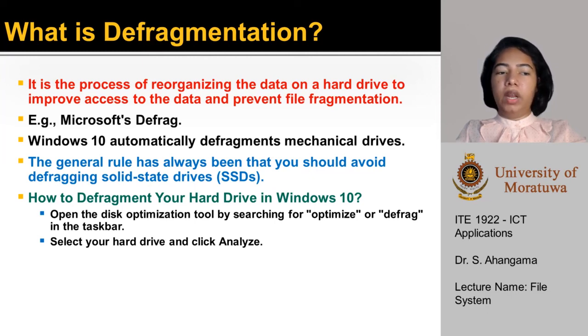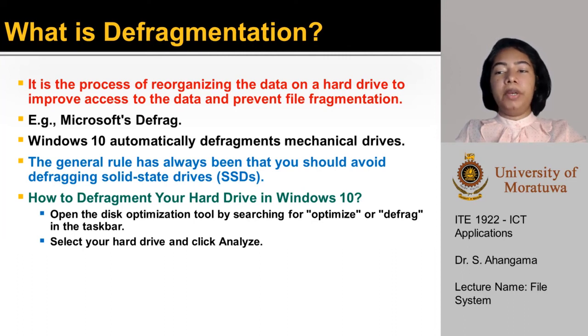The general rule has always been that you should avoid defragging solid-state drives, or SSDs. And it is critical not to shut down the system before the file system defragmentation is completed. If the system is shut down before the process is completed, the file system defragmentation must begin again.